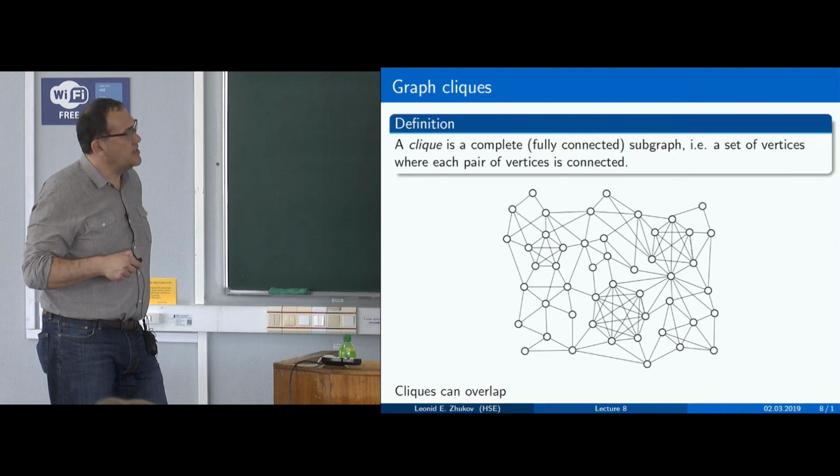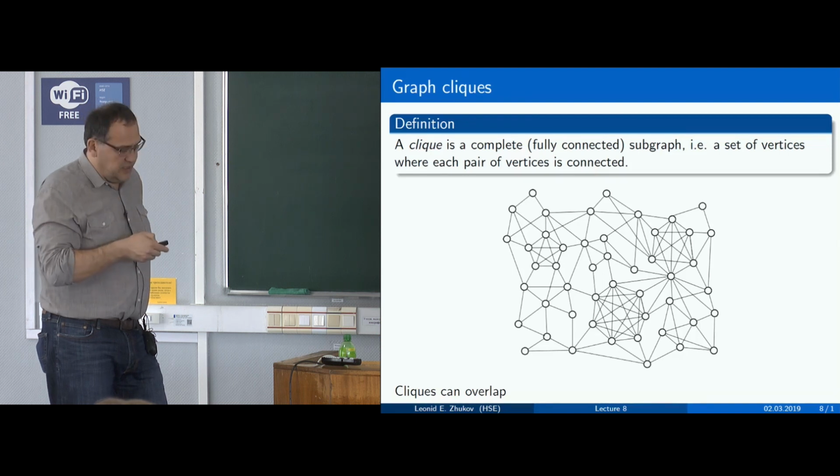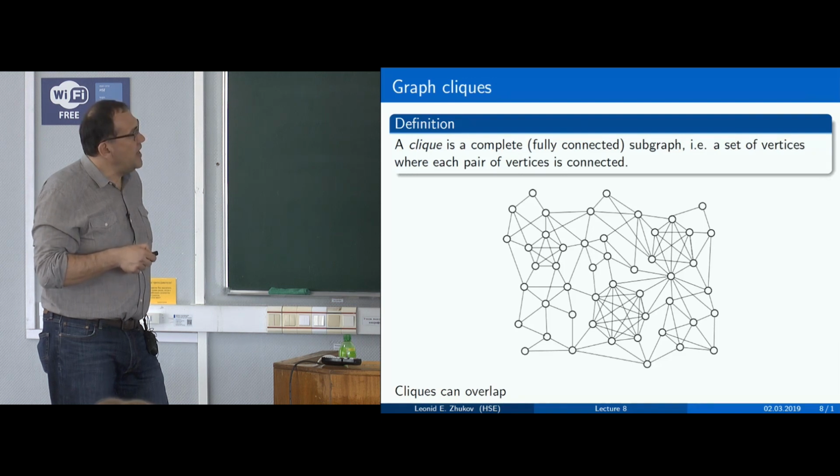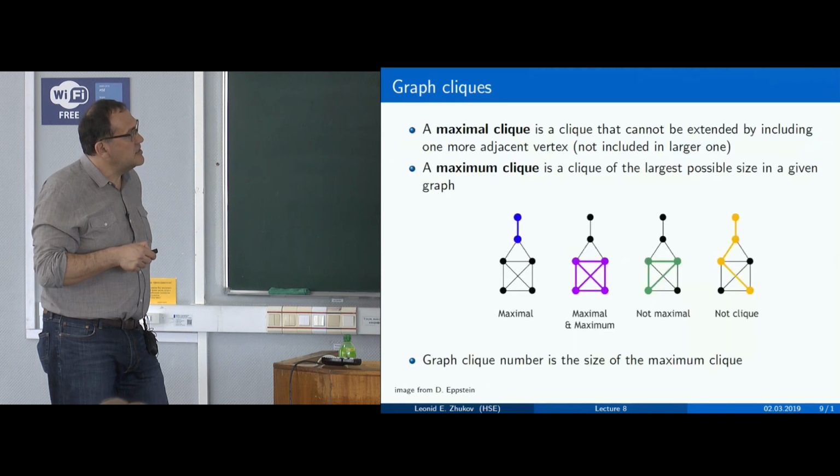If I go back for a second, this is maximal because if I take any other node and say it also belongs to the clique, what I get is not a clique anymore, because this is not connected to this, and not connected to this, and not connected to that. And so maximal is the one that you cannot extend anymore.